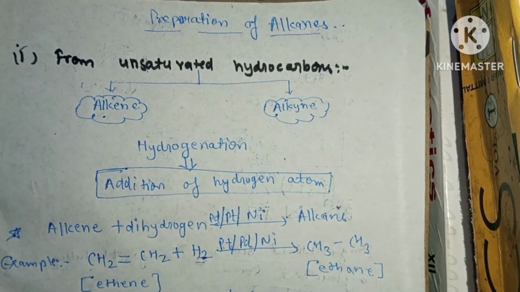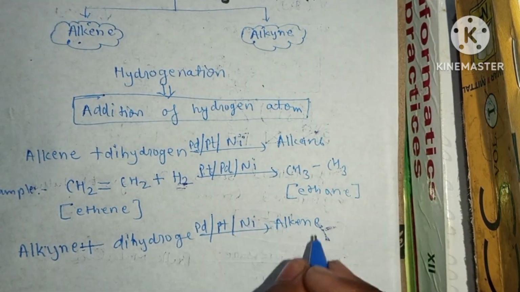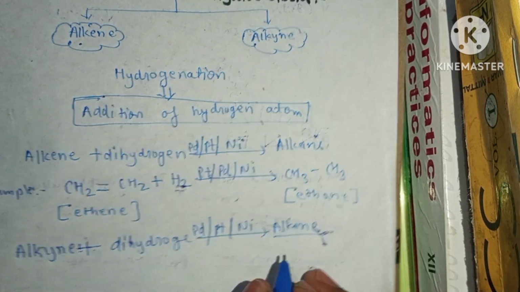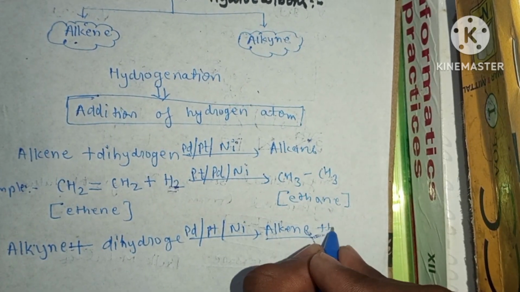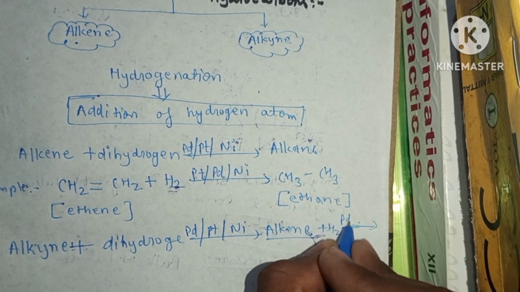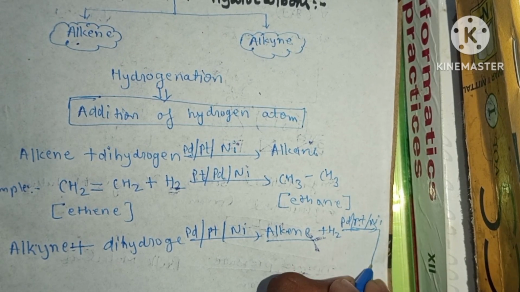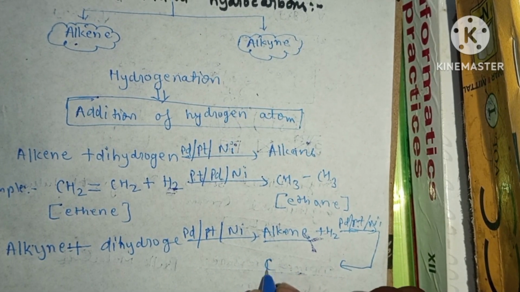Then we will again do the same process as above. We obtain alkene here, so we will add dihydrogen in the presence of the same catalyst, palladium, platinum or nickel. So here we will obtain alkane.